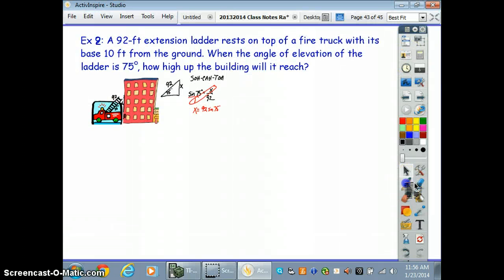Alright, so this then was 88.9, the distance here, and I want to add my 10 feet that the truck sits up high, so I get 98.9 feet. That's how high up the ladder is on the building. 98.9.